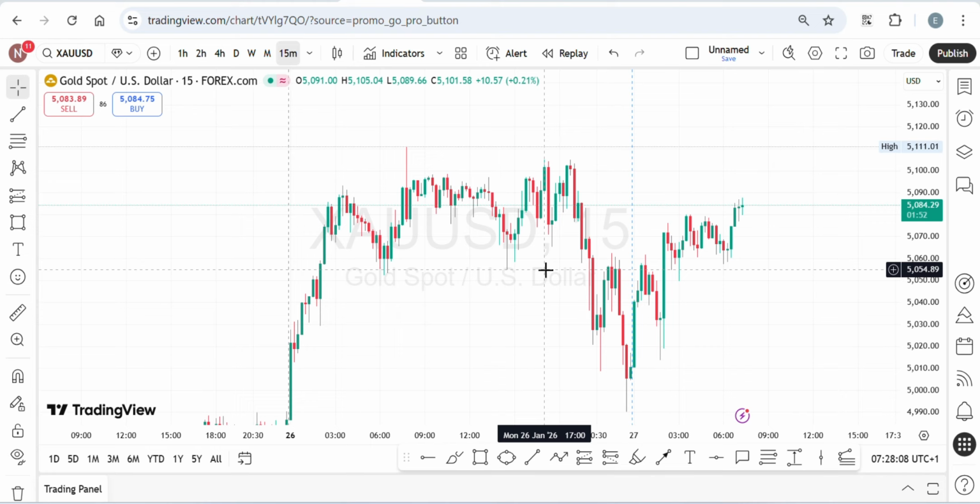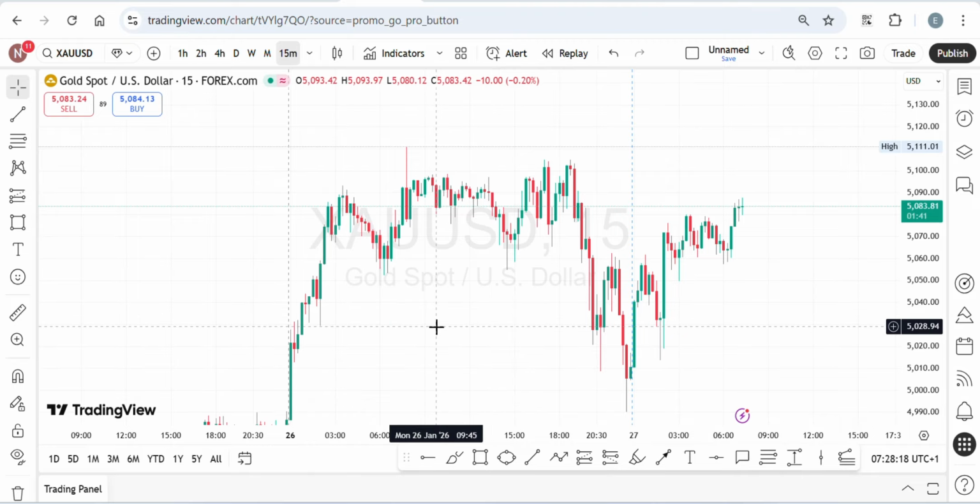So looking at this chart right now, how do we identify key levels? You identify key levels by using the bodies of the candles, not the high of the week or the low of the week, but the body of the candles.